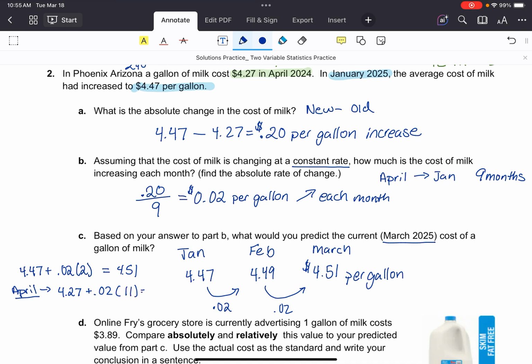And what you'd actually find is you end up at 4.49 and you might be going, that's like 2 cents difference. And that's where that rounding of my constant rate comes into play. And that's okay. The key would just be making sure you're showing me your thought process, and I understand that then your answer might be slightly different. It's sort of, what did you use as your initial value? So whether you use January versus April.